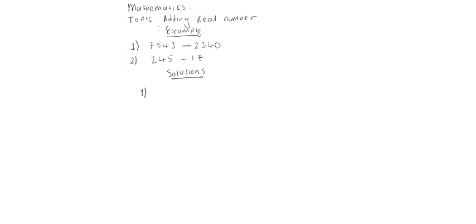All you have to do here, there are several ways in which you can solve this problem. But as for me, the easiest way I find to solve this problem is to arrange it nicely.